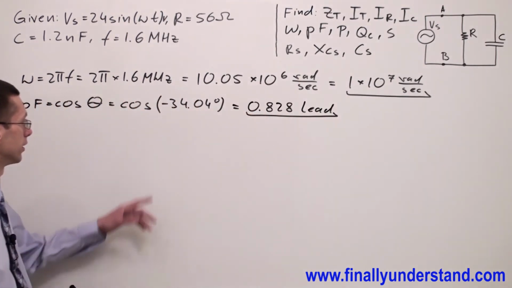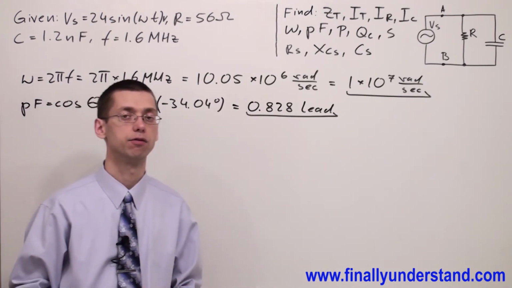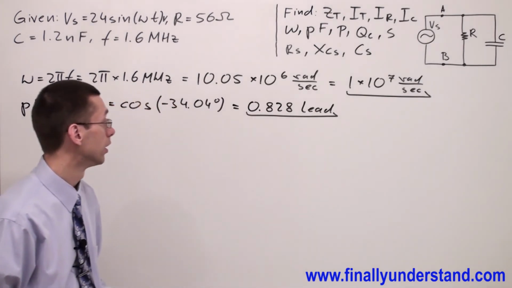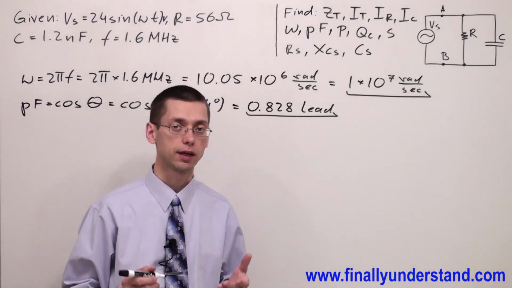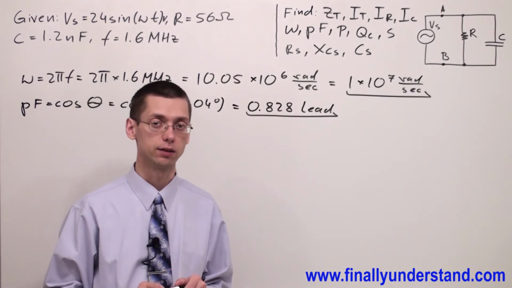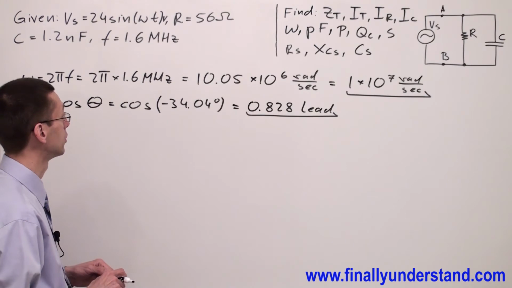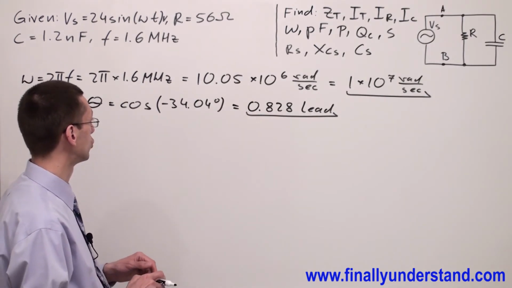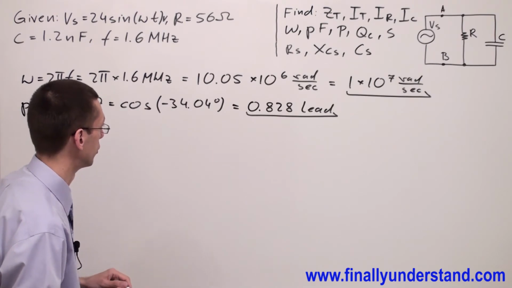Because of the negative sign I have next to my angle, and also because the current in the RC circuit will always lead the voltage by a certain angle. In our case, the current is going to lead the voltage by an angle of 34.04 degrees.